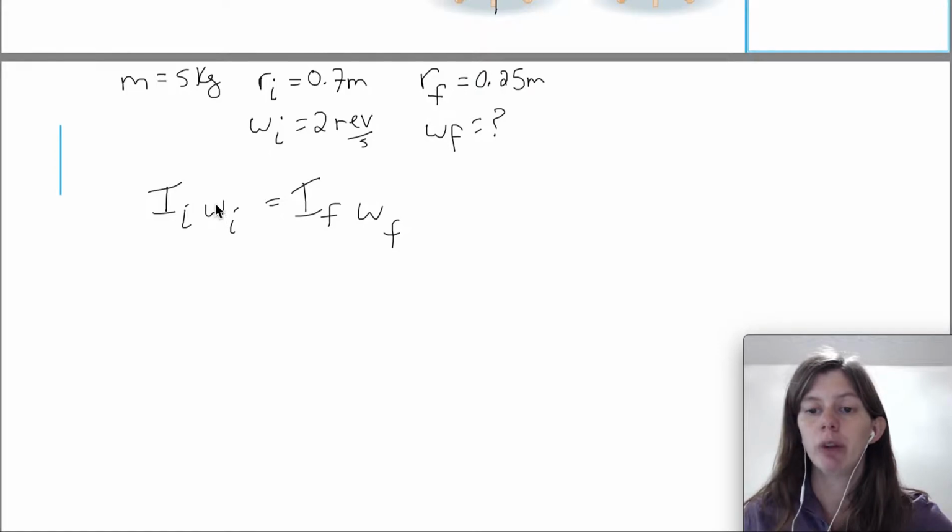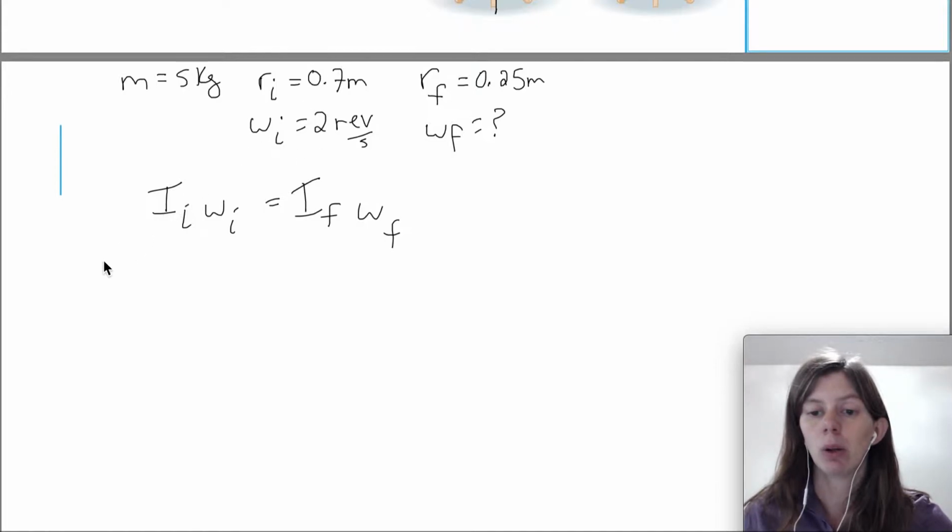So if you leave the omega initial in revolutions per second, it just means that the omega final will be in revolutions per second. And we're just going to make sure we're in standard units for the moments of inertia, which we are because we have kilograms and meters.